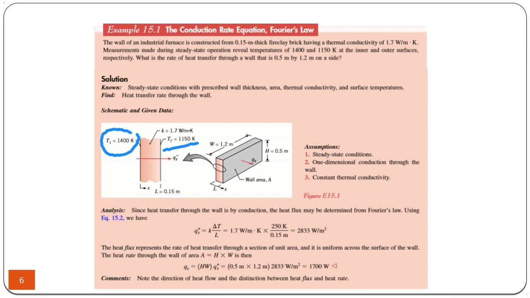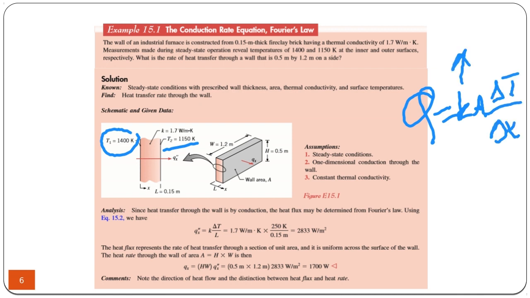As the thermal conductivity is higher, the heat transfer will be higher too, because Q is kA dT over dx. As you can see, k also increases the heat transfer. For instance, metals like copper and aluminum have high ks, whereas plastic and wood have low ks. So this wall has a k of 1.7, which is not so high.